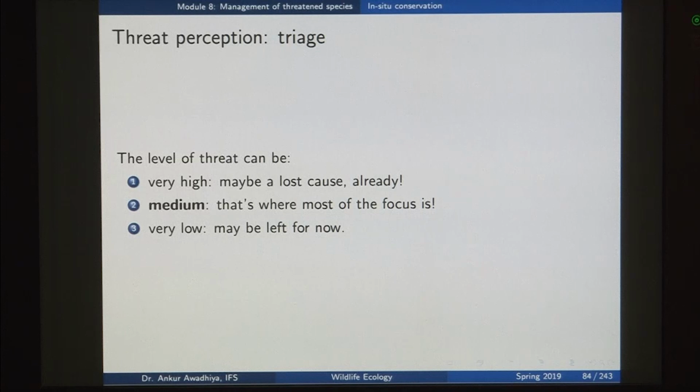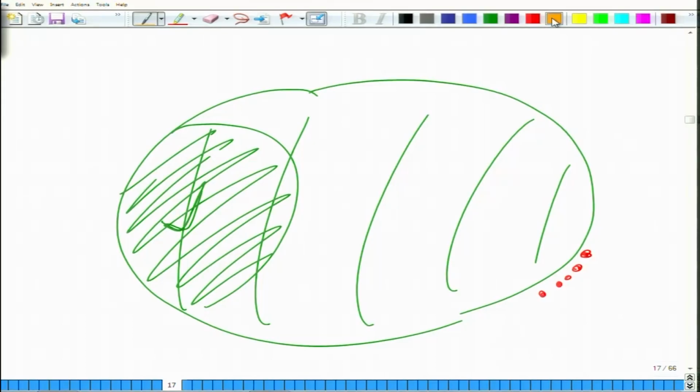So, which areas should we prefer for making a reserve? That should be the areas that have a medium level of threat. That is where most of the focus is or should be. So, essentially, in this particular forest, if you need to set up a reserve, it should not be in this area, because this area already has a very high amount of human influence.